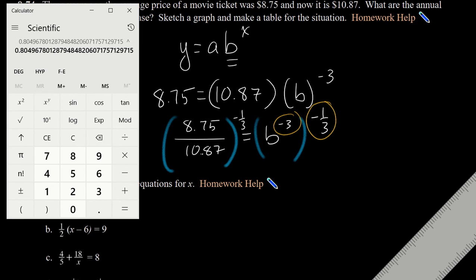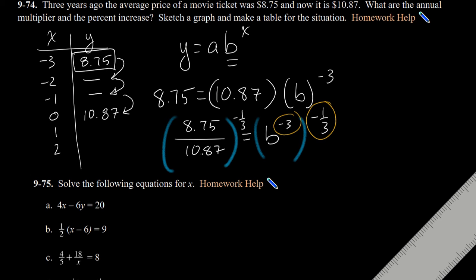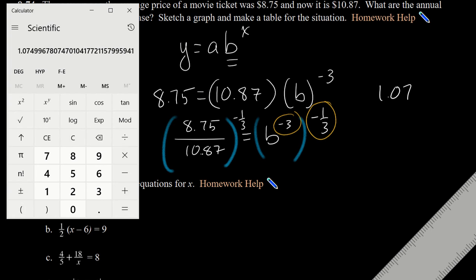I'm going to raise that to a power of, open parentheses, negative 1 divided by 3. And I can see up in the thing above this is doing the right thing. So I've got something raised to the negative 1/3 power, and I press equals, and it says 1.07. Let me write those down. Oops, get back up here.